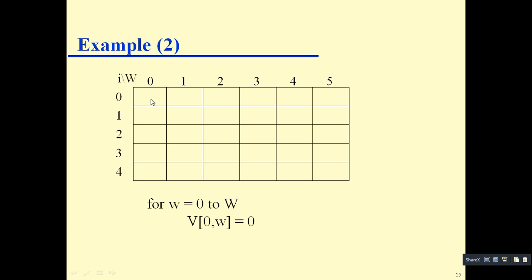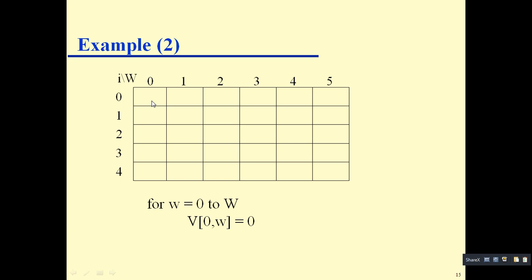So what does this particular field indicate? Item 0 means no item with 0 weight. This particular field means no item with 1 kg weight. As I have already told you, if you are selecting no item, meaning i equals 0, then the value will be 0, and if the weight is 0, then the value will be 0.